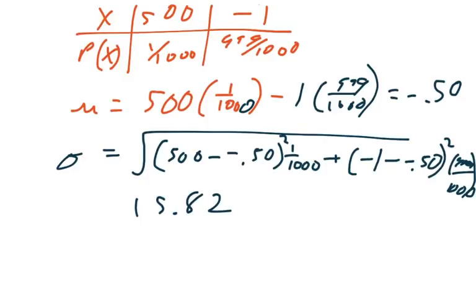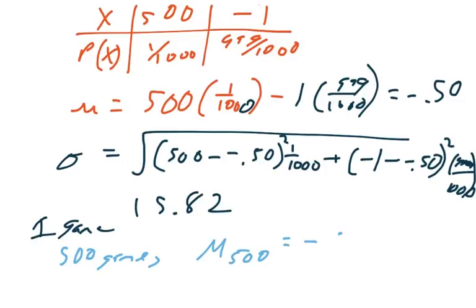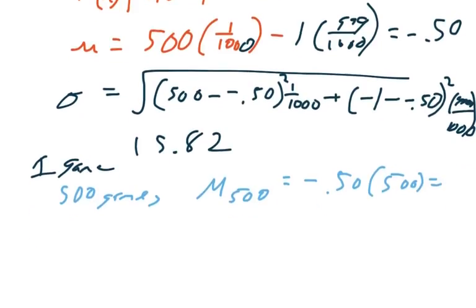Alright, so now the question says, what happens? So this is only for one game. So what happens if you play 500 games? Well, the mean for 500 games would be -50 cents times 500. So you would be expected to lose 250.